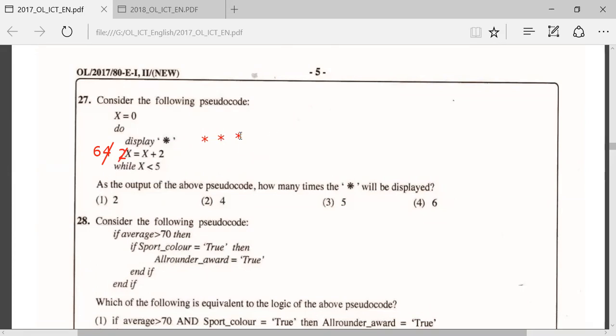So the actual answer is 3 times, but there is no appropriate answer. For question number 27, in that year, it was an open question because there was no answer. So you can write how many times? 3 times, right? That's the end of question number 27 of the 2017 paper.